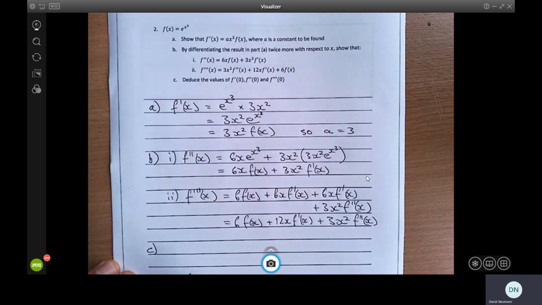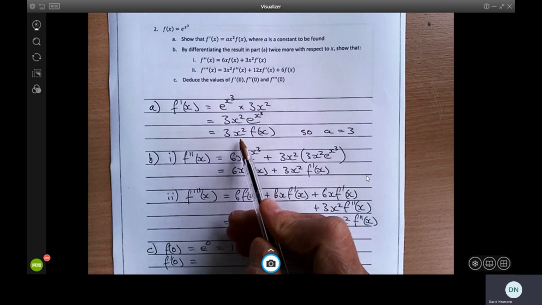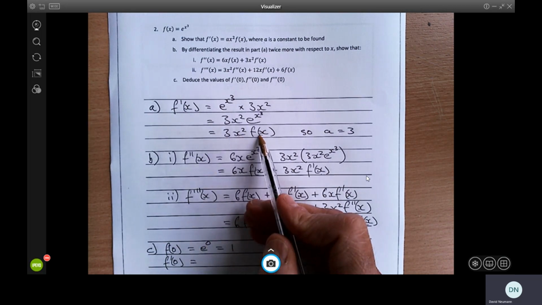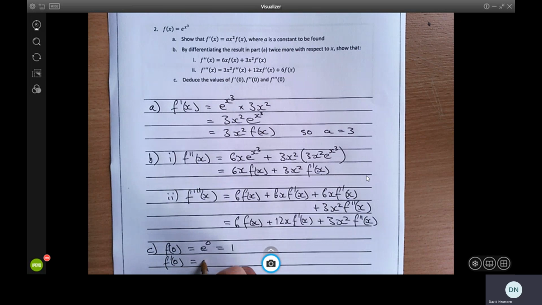Deduce the values of f dashed of 0, f double dashed of 0, and f triple dashed of 0. Well, let's start off with f of 0. F of 0 is going to be e to the 0 cubed, which is e to the 0, which is 1. So f dashed of 0 is going to be 3 times 0 times f of 0. Well, that's just 0. Anything times 0.